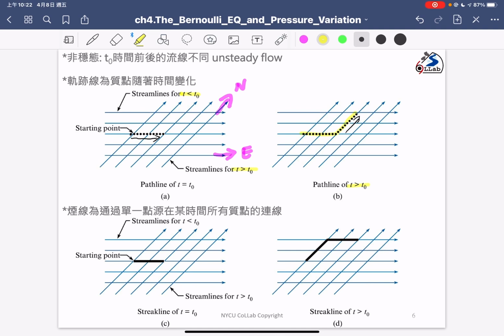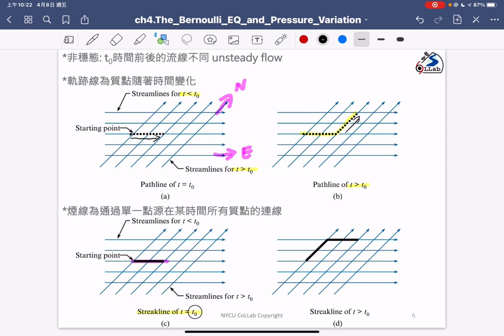Okay? So how is it different compared to the streak line? Okay, again, you can see this is the streak line at t equal to t0. So we have one streak line, that's the black line showing here. This is the streak line at the time point t0.